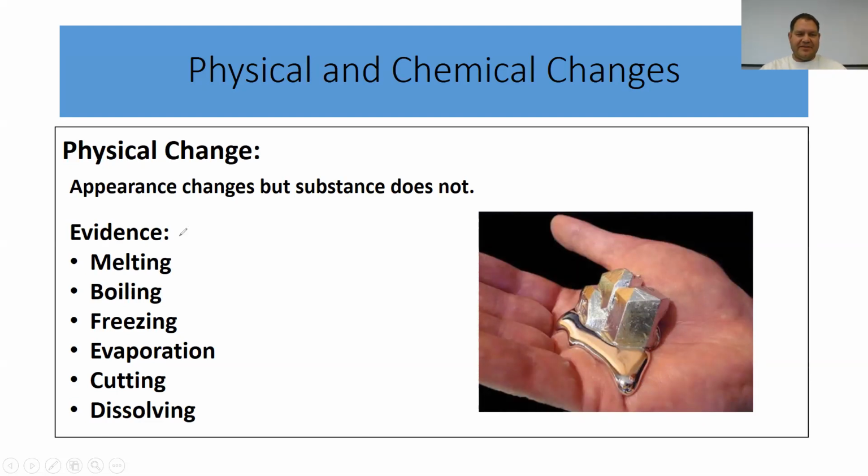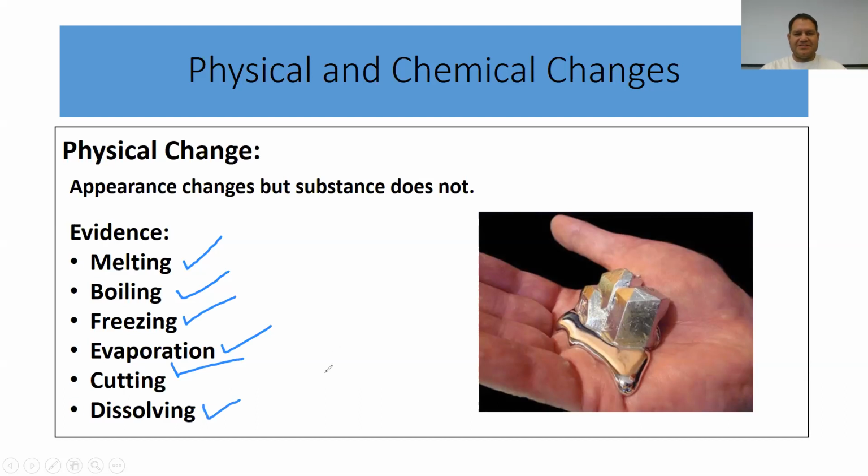So typically when we think of physical changes, it's usually like melting or boiling or freezing, evaporation of the material, cutting the material, or even dissolving the material. All right. So usually if one of these processes are occurring, melting or boiling, freezing the material, evaporating it, if you cut it, you're just cutting in smaller pieces, dissolving, crushing something.